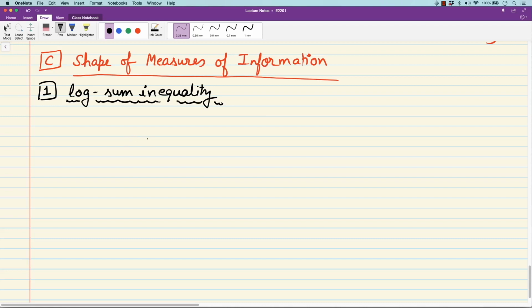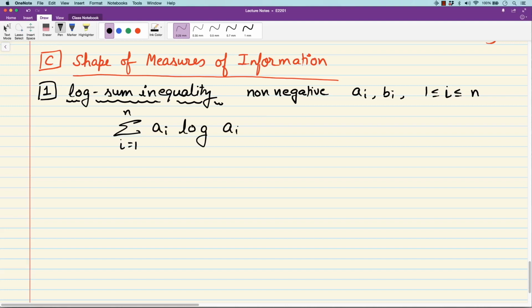The log sum inequality says that if you have non-negative numbers a_i and b_i, where i is between 1 and n, so there are n non-negative numbers, then the summation over i equal to 1 to n of a_i log a_i by b_i is greater than or equal to the summation over i of a_i, times log of the summation over i of a_i by the summation over i of b_i.